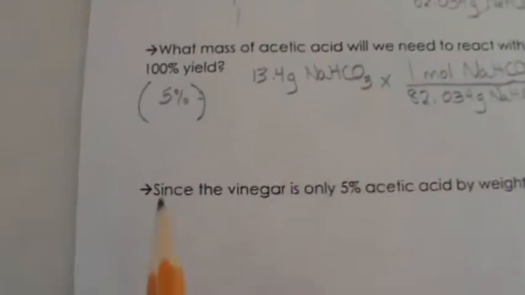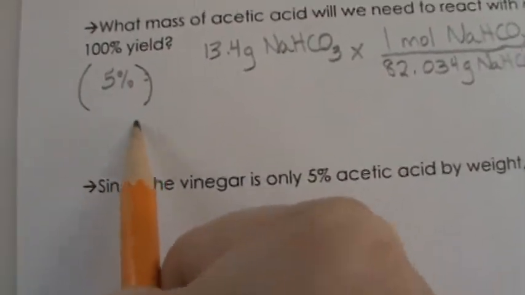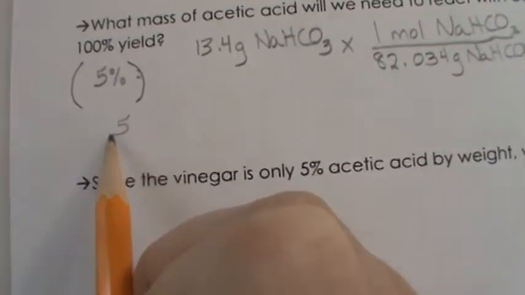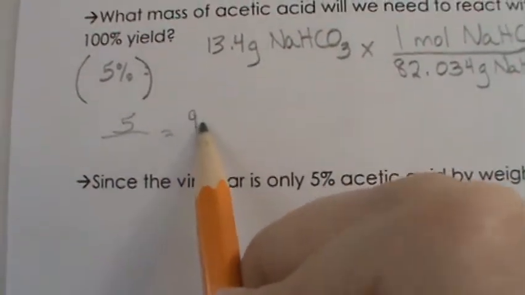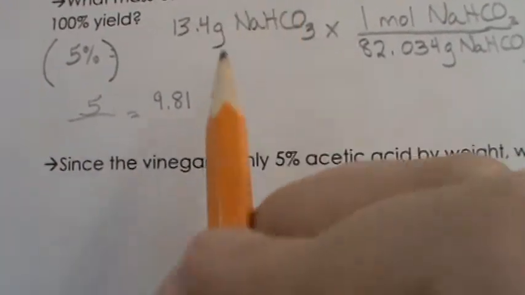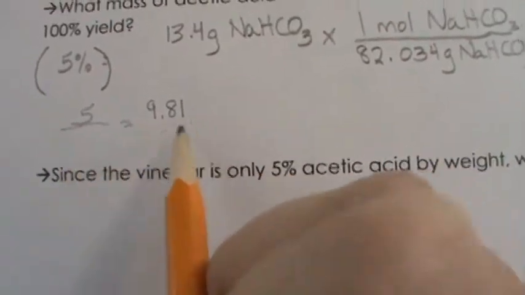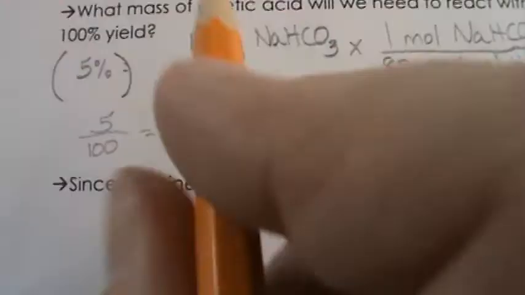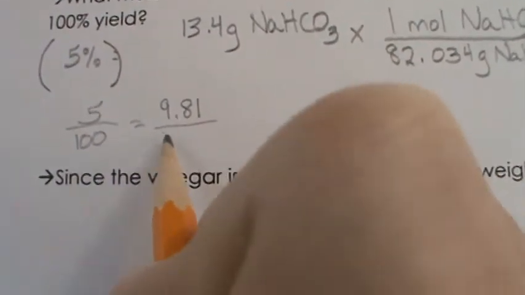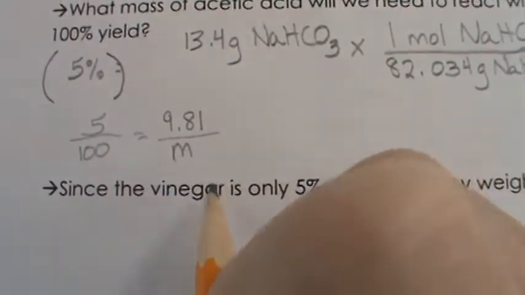Now I'm going to come back here and see, but only 5% of this is our acetic acid. So what we need to do is set up a proportion because I think that'll be pretty easy here. 5% is acetic acid, 9.81 over 100, and that will give me the mass of my vinegar.